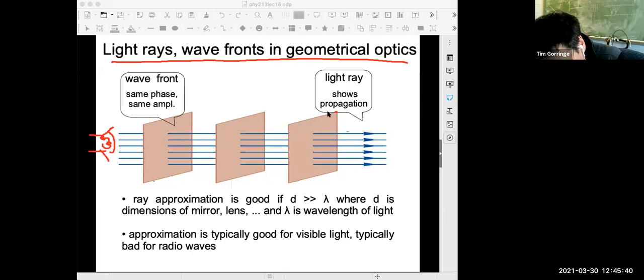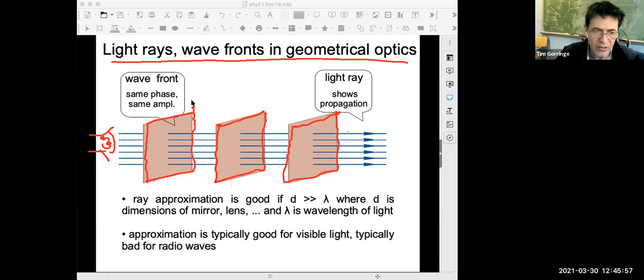At any particular location here, we call the rays at each of these planes the wave front. And on each of those wave fronts, those electromagnetic waves would all have the same amplitude, they'd all have the same phase. Their sinusoidal oscillations of their electromagnetic fields would all have the same phase, all have the same amplitude.